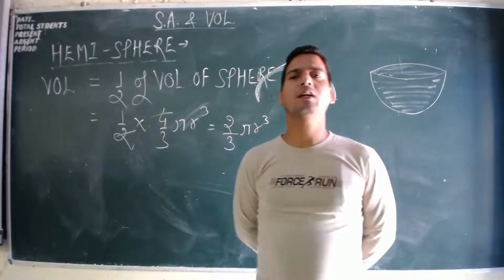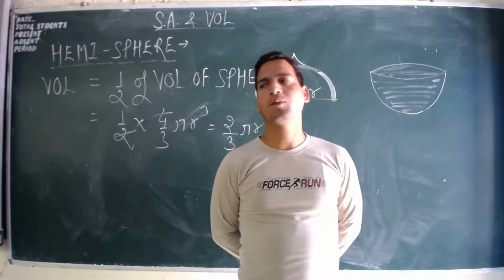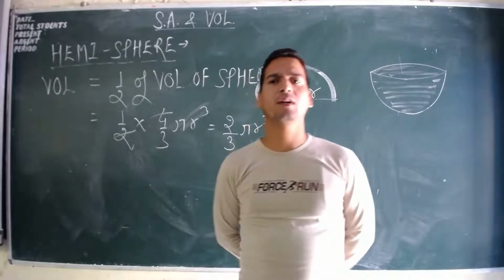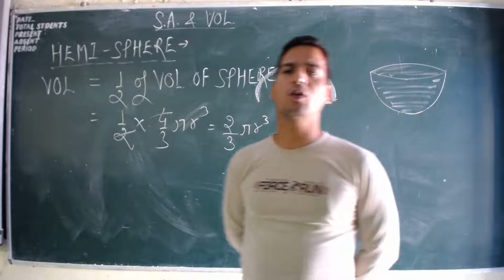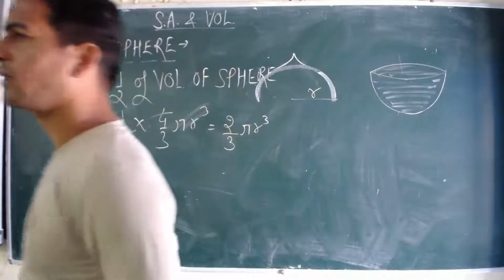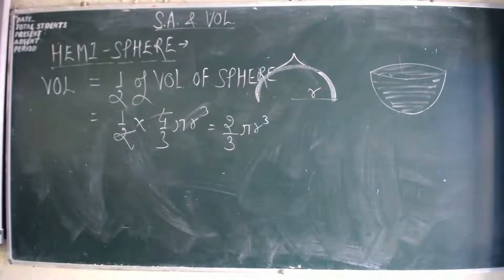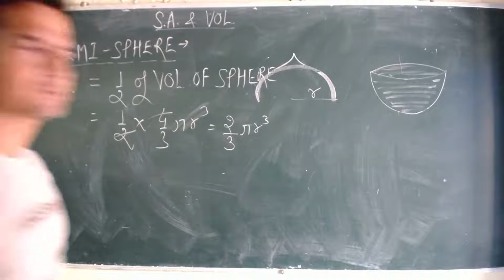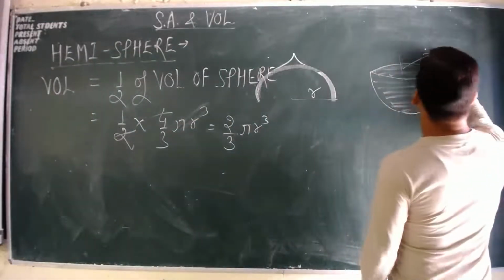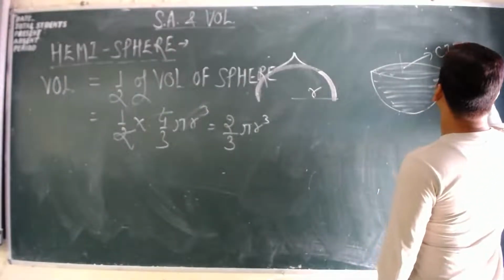I'm not teaching only Kamaljeet and Kushi. I'm teaching all of you. So I just want all of you to reply. Top surface is circle. Okay. Top surface of a hemisphere is a circle.